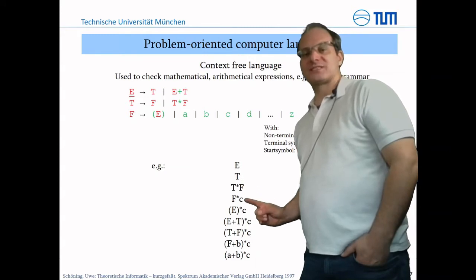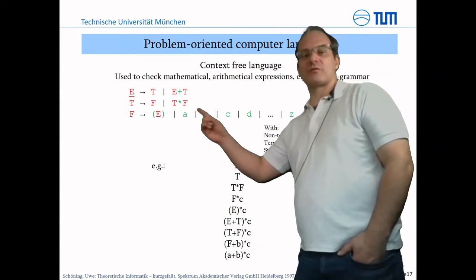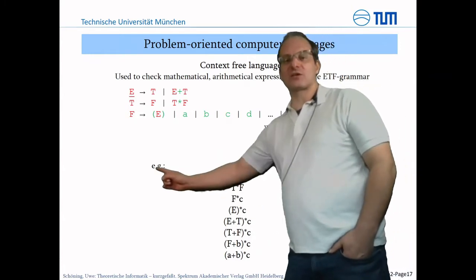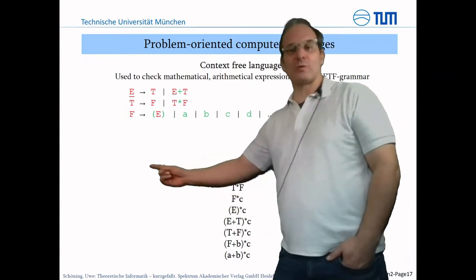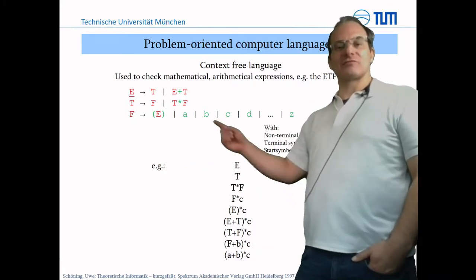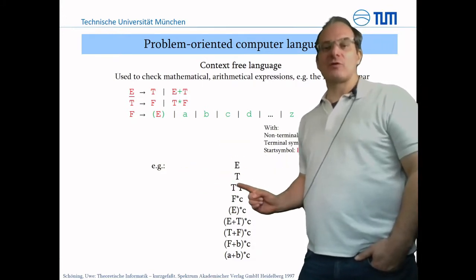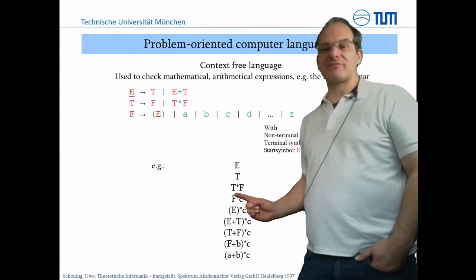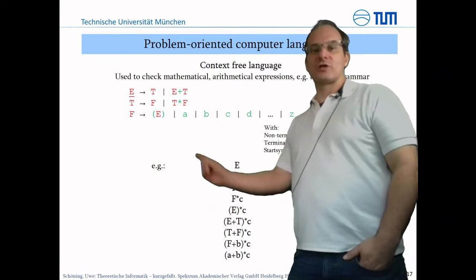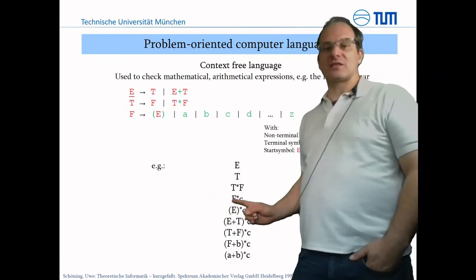F is replaced by c, so F is replaced by one of these variable names, and then we keep the c. So each line is a complete set. You should always have this complete, valid sequence of terminals and non-terminals. And then you follow again. T is replaced by F, F is replaced by this brace open E brace close, and then we can continue.